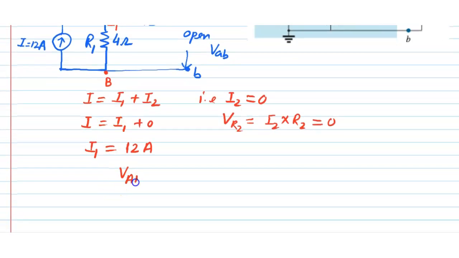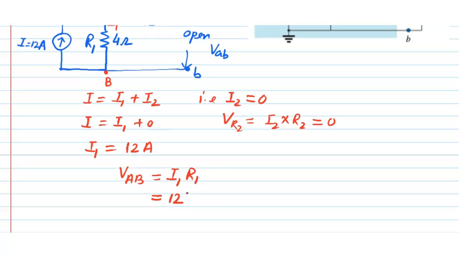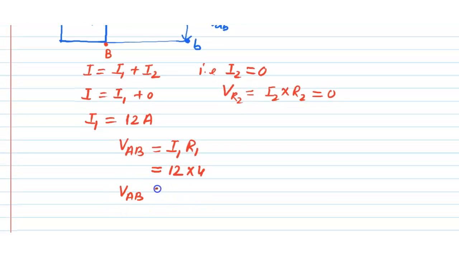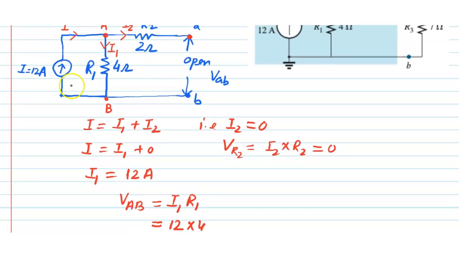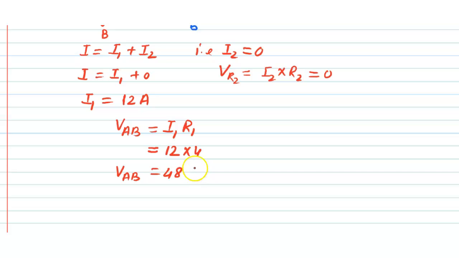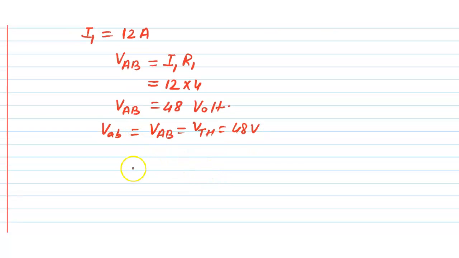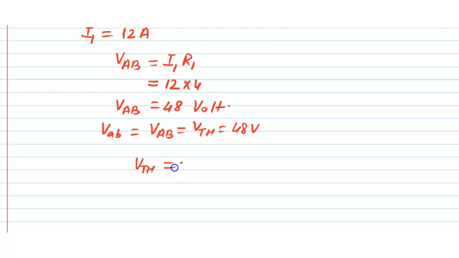The value of I1 is 12 ampere and the value of R1 is 4 ohm, so the voltage VAB is equal to 48 volt. That means the Thevenin voltage VTH is equal to 48 volt. So we have calculated the Thevenin voltage, which is 48 volt.